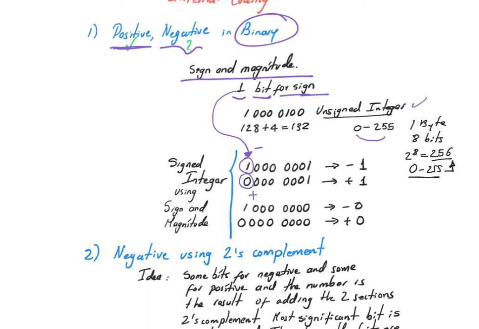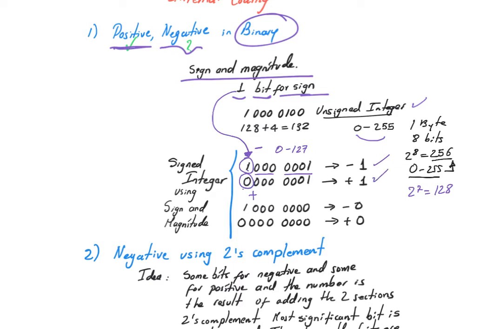So in this case, -1 could be represented as 1, and then we use the remaining bits to represent numbers from 0 to 127, right? Since we have 2 to the power of 7, which is 128 different combinations of 1s and 0s. So this is the way that we would represent -1, and this is the way that we would represent +1.